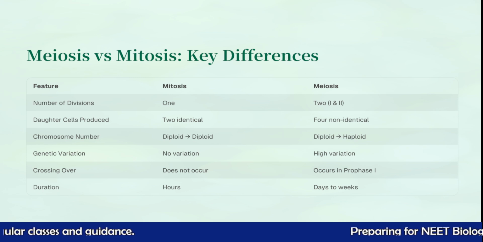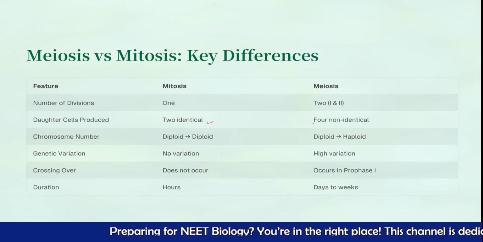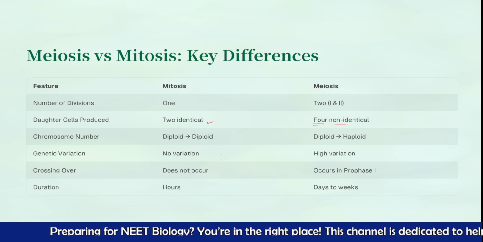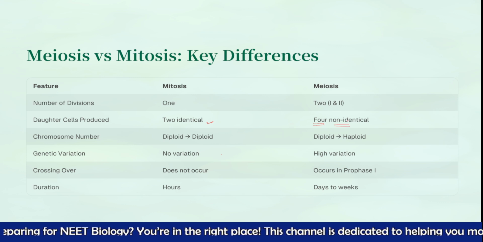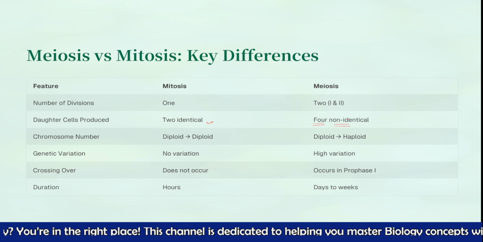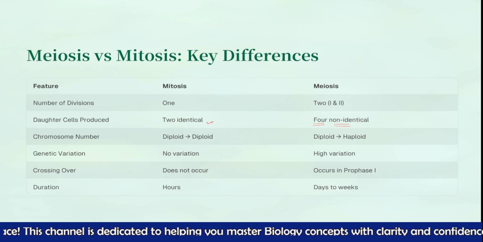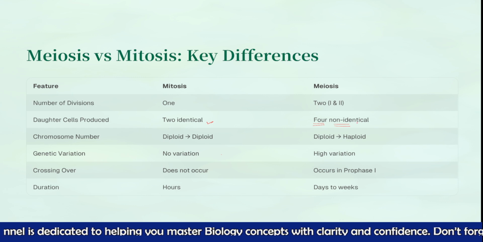The daughter cells produced in mitosis are two identical cells. But in meiosis, four cells are formed, and they are non-identical. Understood why they become non-identical? Because of crossing over. In which phase does it take place? It takes place in the pachytene stage of prophase 1.